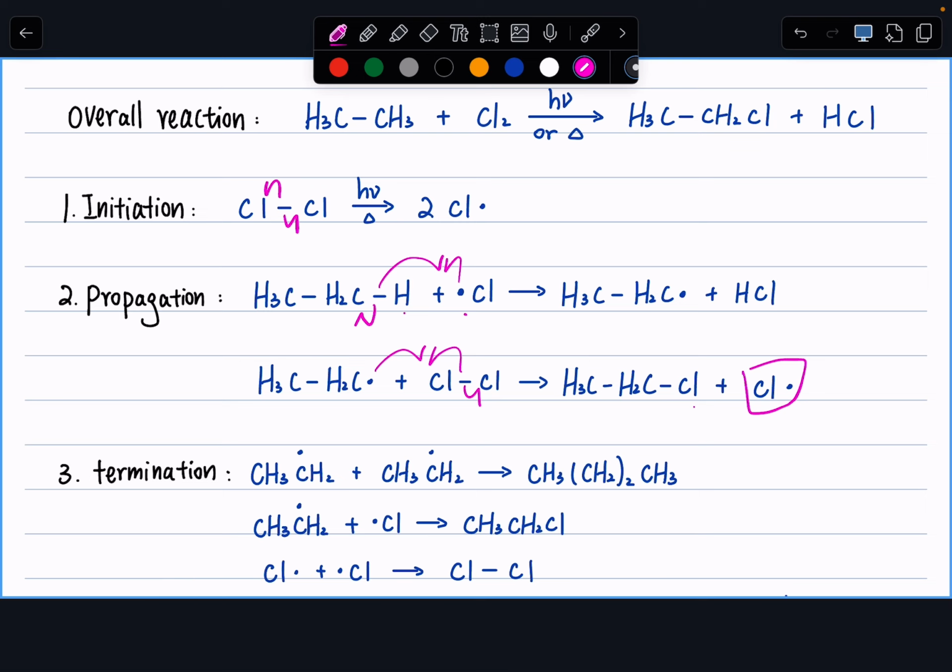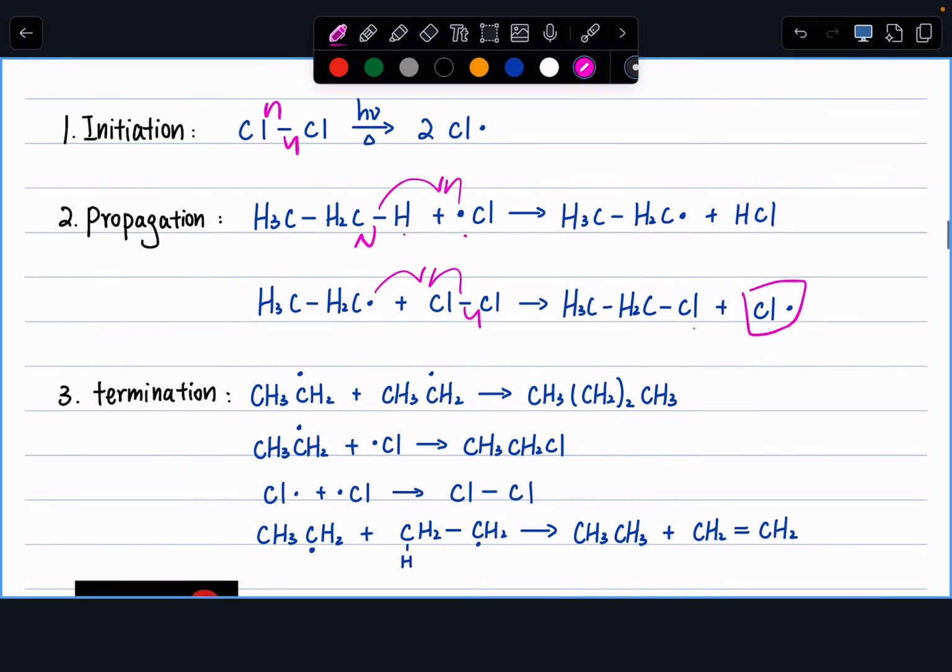Next up, we have termination. We can terminate the reaction however you like, whenever you have two radicals come together, that's called a termination step. And here too, we're forming the carbon-Cl bond.